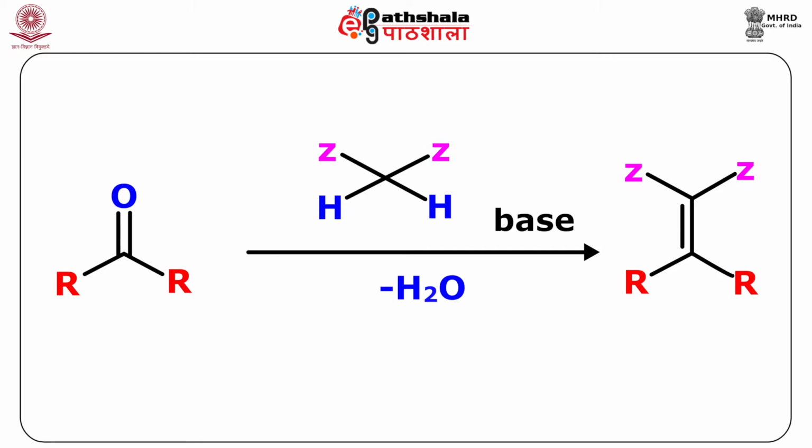There is a carbonyl compound represented here by RCOR, and there is an active methylene compound which is represented by the CH2 joined to two Z's. In the presence of suitable base, we get this particular combination happening. There is overall removal of two hydrogens from active methylene compound and oxygen from here, and we get this particular condensed product.